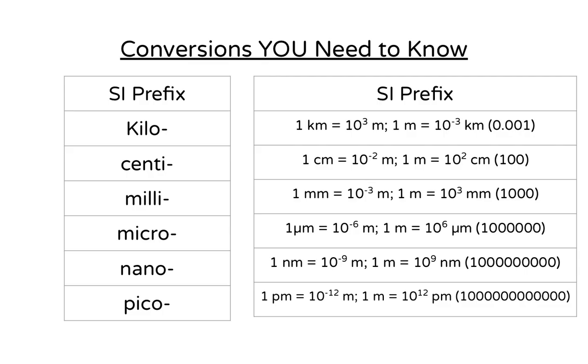So, conversions that you will need to know. What this means is you will need to memorize these. These will not be given to you on checks for understanding in class. So you need to spend the time memorizing these metric prefixes, or SI prefixes: kilo, centi, milli, micro, nano, and pico.